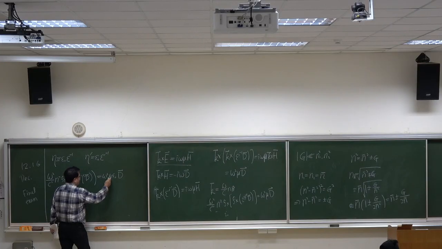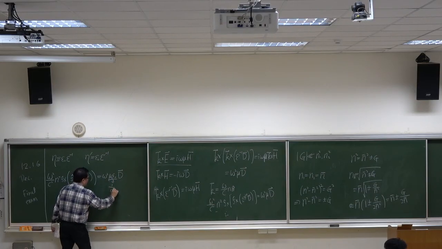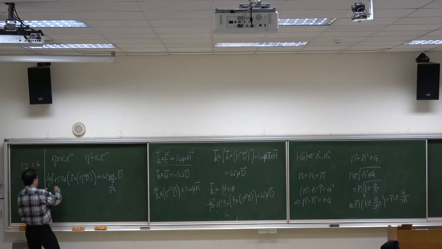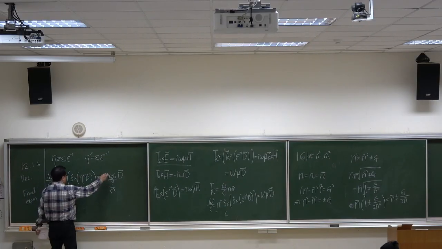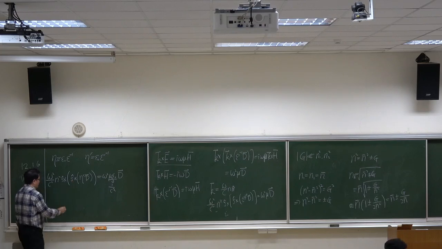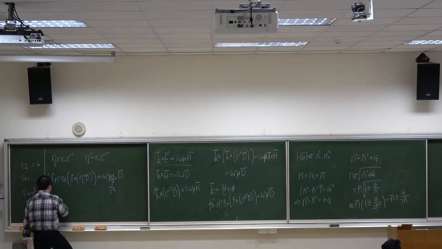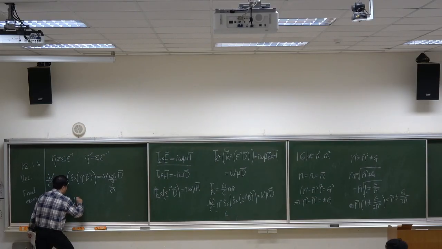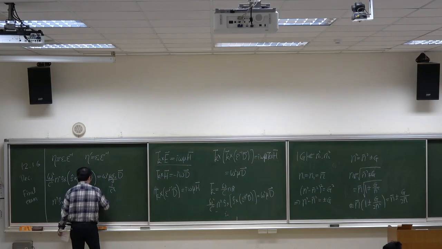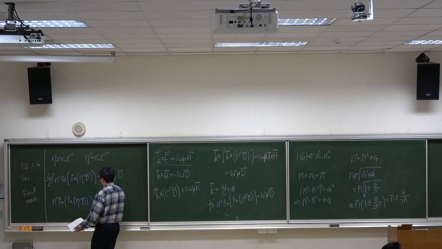However, we approximate mu by mu 0, and this gives us 1 over c squared. Okay, so both the left-hand side and right-hand side have this factor 1 over c squared and omega squared. So we have this result: n squared s cross eta prime d is equal to d.